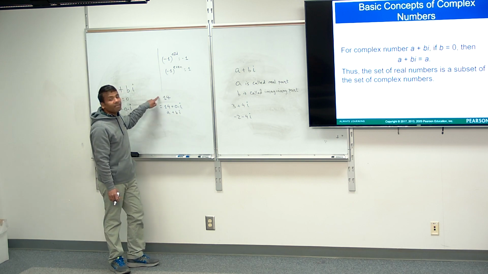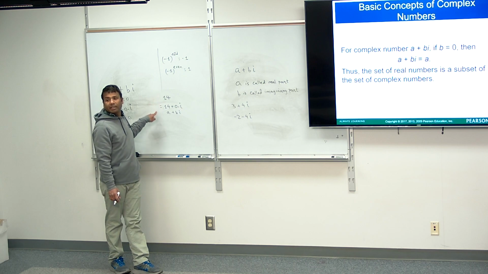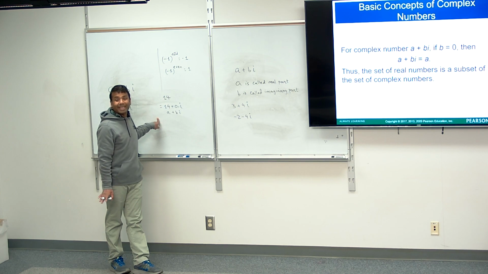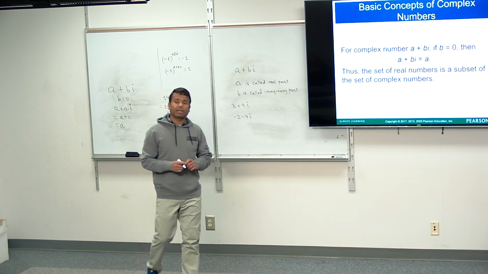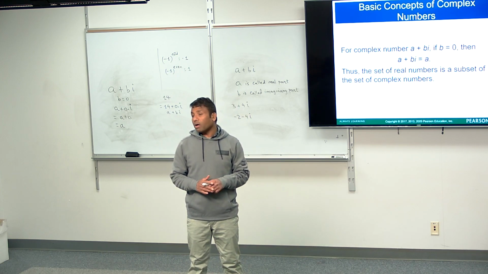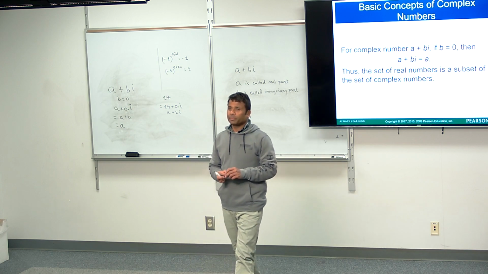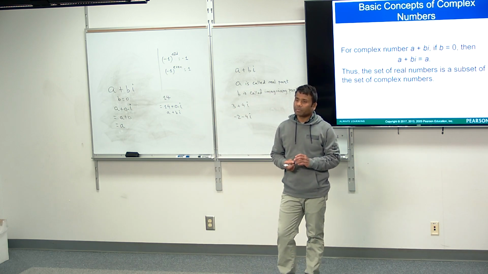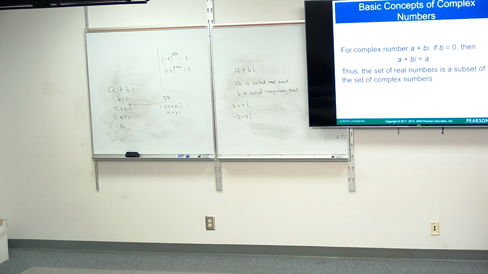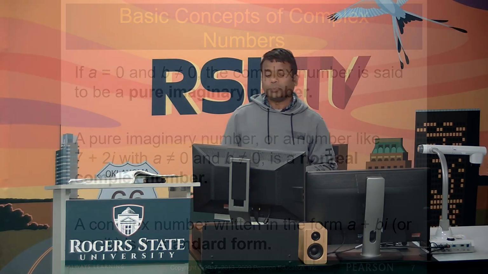So that's why every real number is a complex number. But not vice versa. So that means not every complex number is a real number. So are you guys with me? The real numbers are a subset of the complex numbers. Make sense? Good. So now the set of real numbers is a subset of the set of complex numbers, okay?